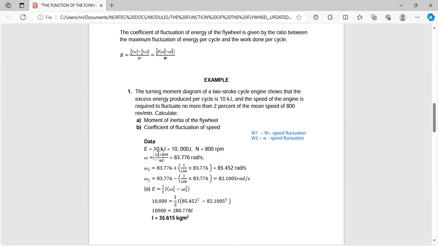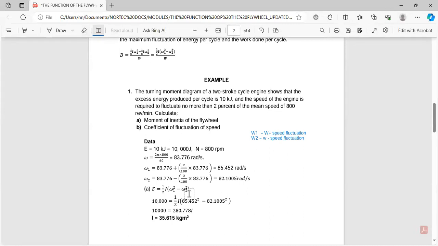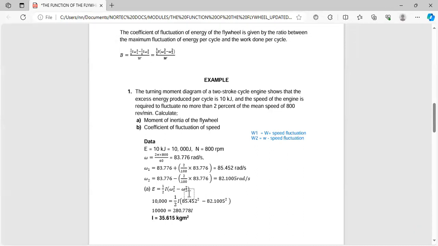We go back to the formula: 2 pi n over 60. The n is the 800 that has been provided. So we say 2 pi times 800, then you divide by 60. The answer we are getting is 83.776. With this answer, we are now ready to get the maximum and the minimum speed.